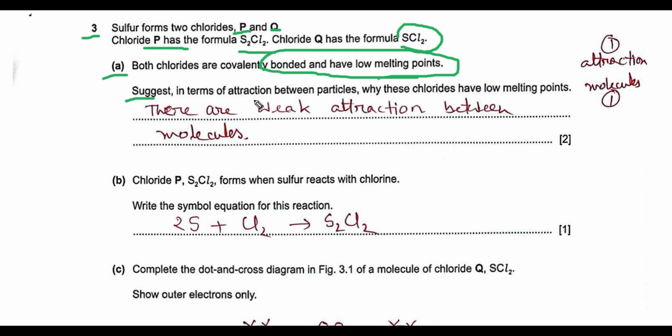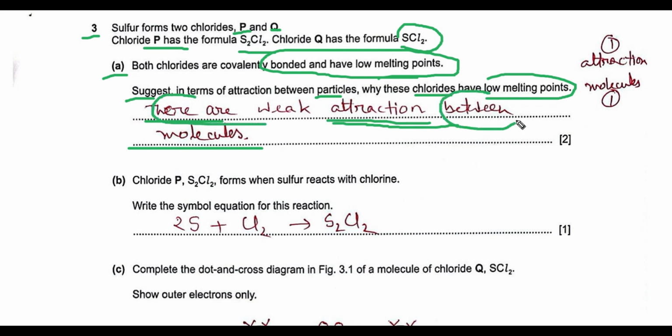In terms of attraction between particles, why do these chlorides have low melting points? There are weak van der Waals forces between molecules. As both have low melting points, there is weak attraction between molecules, so less energy is needed to overcome this attraction.